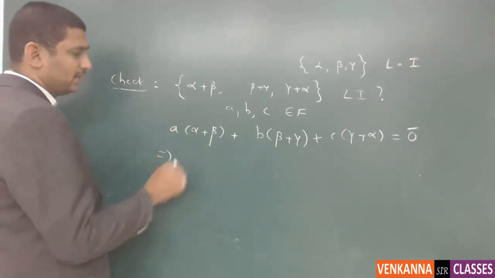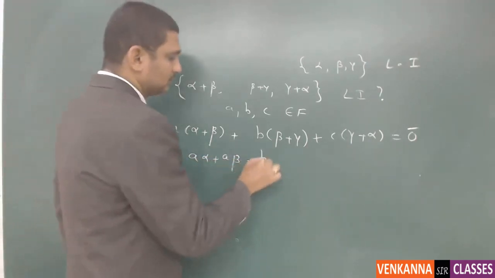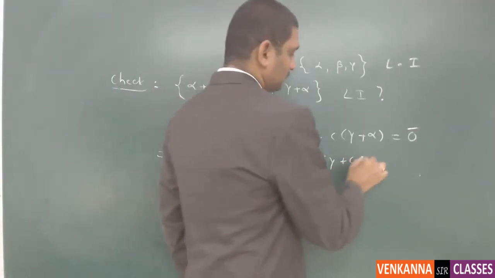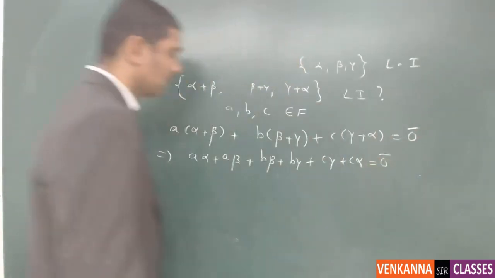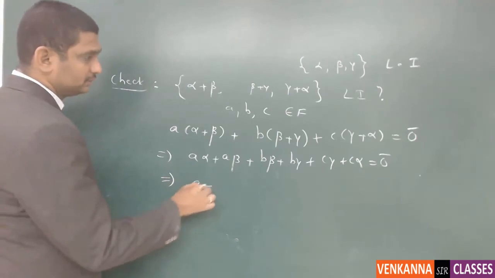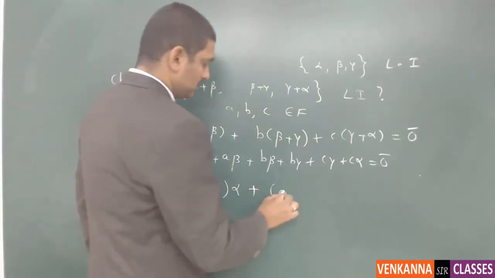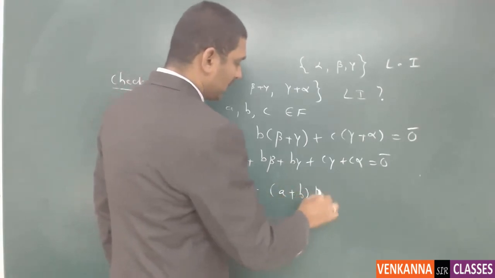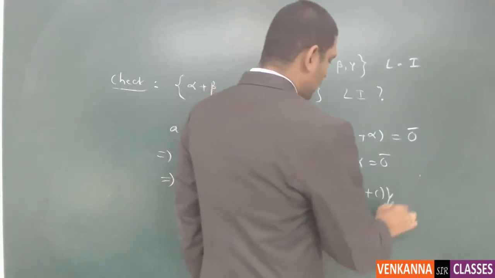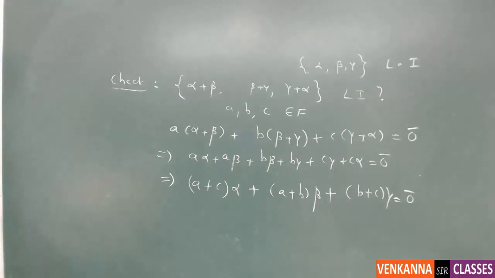So if you take A common, you can take one more step. So from this you can say that if you take alpha as common, (A plus C) into alpha plus (A plus B) into beta plus (B plus C) into gamma is equal to 0 bar. Accepted?